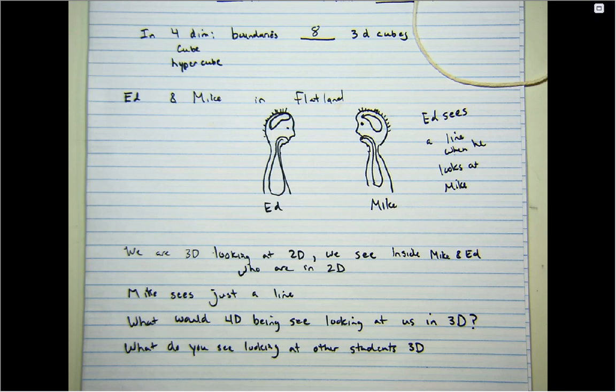Do you see a line? No, you don't see a line. Because you're not 2D, you're 3D. What do you see? Forms. Yup, you see the forms, and you see what covers the form, right? That's all you're able to see, is what is covering the form. So you can see the skin, you can see hair, you can see clothes.